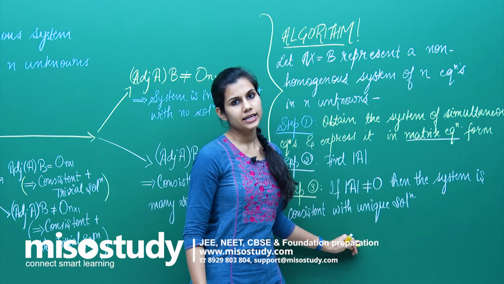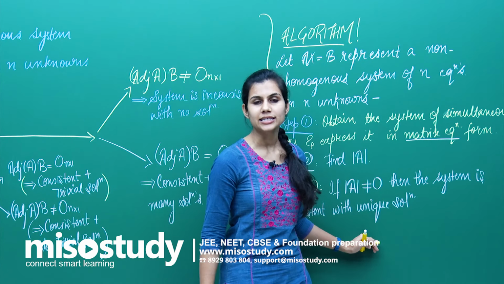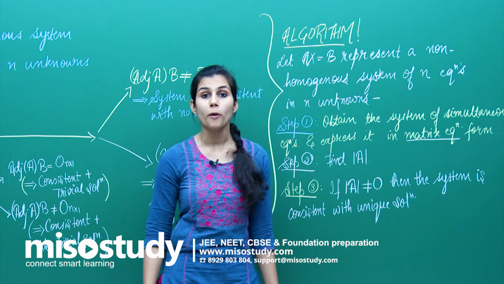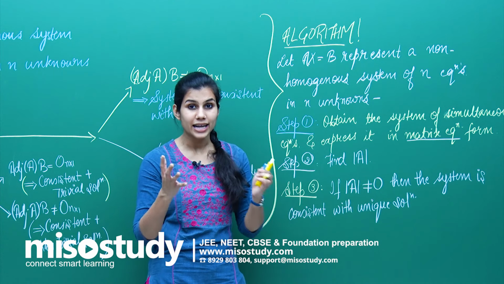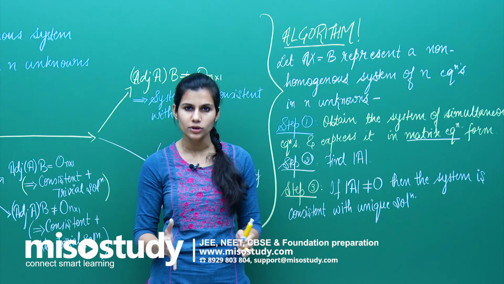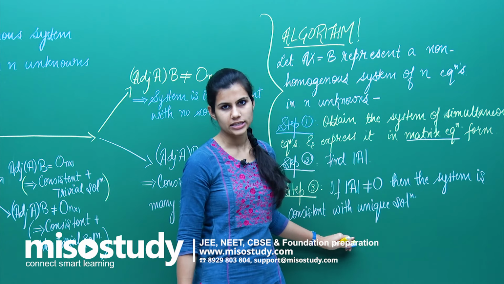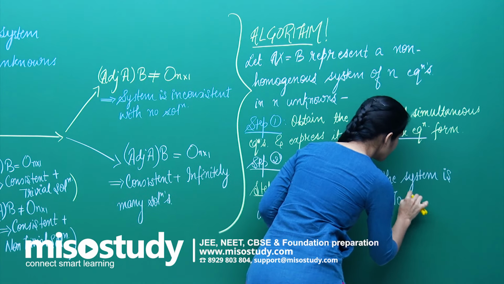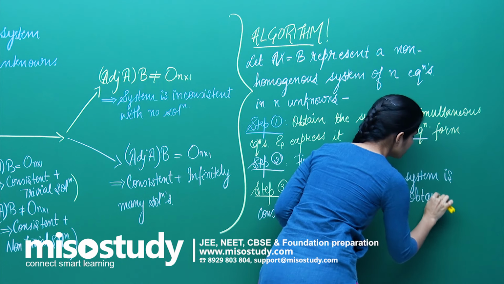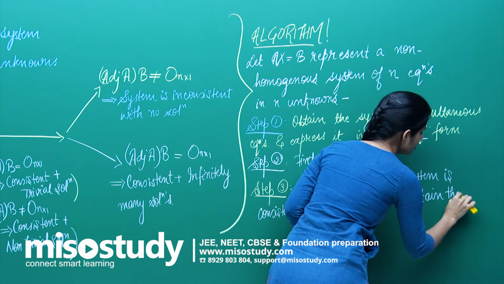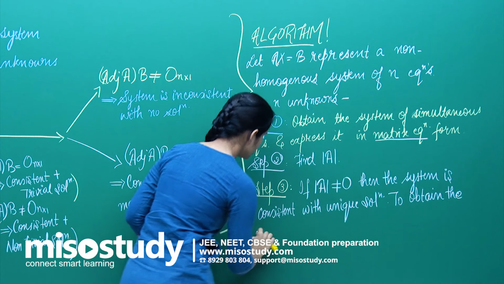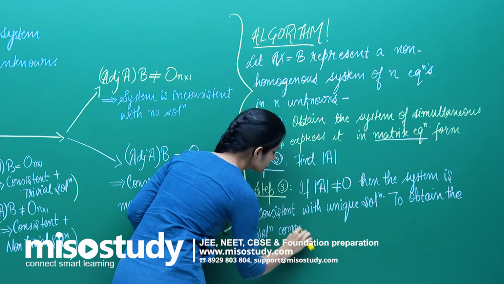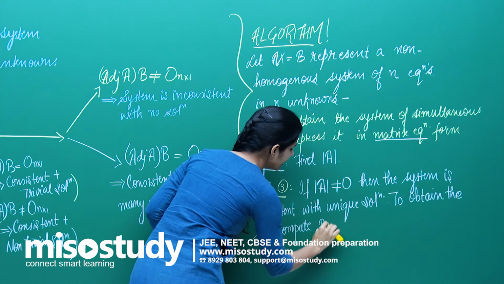This algorithm basically tells you that the system is consistent with a unique solution, but also gives you steps to obtain that unique solution, so that you can have that one solution with you when you know there is a unique solution. So this says further that to obtain the solution, compute A inverse.